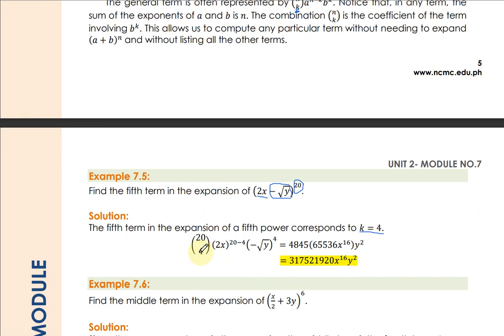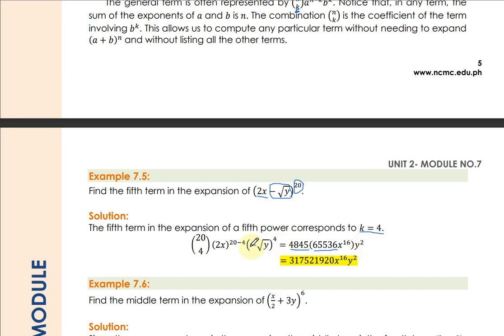So 20 choose 4 is 4,845. Then 20 minus 4 is 16. 2 to the power of 16 is 65,536, multiplied by x to the power of 16. Then we have the square root of y raised to the power of 4, which is equal to y squared.